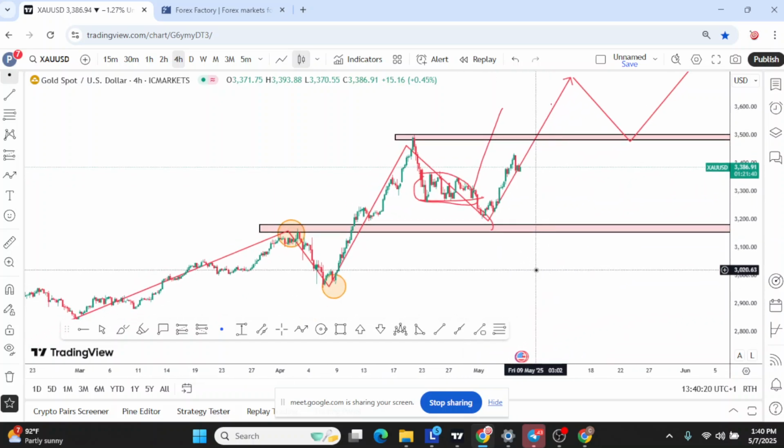Price needs to move in waves to the upside, which we call our higher highs and higher lows. If we can't see structure like this, then it means that structure is not a bullish trend. And if you want to trade, you only want to trade a market that is trending.